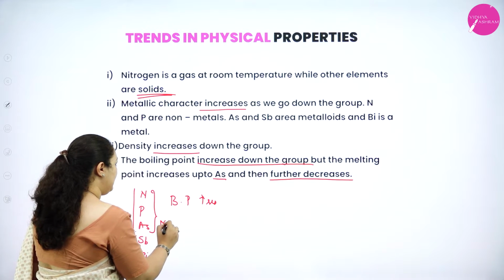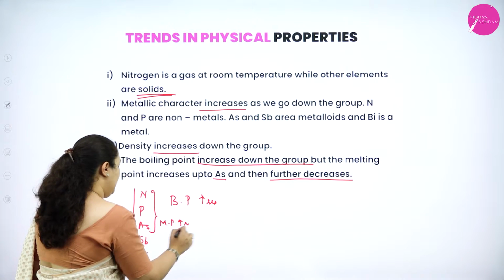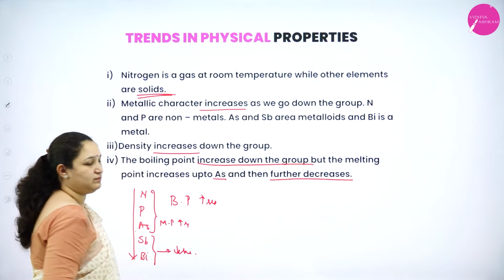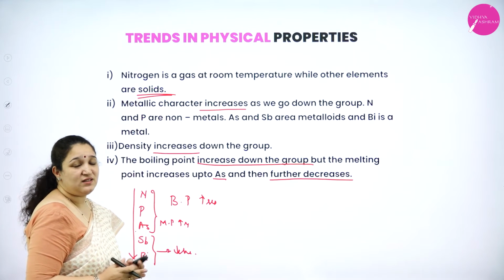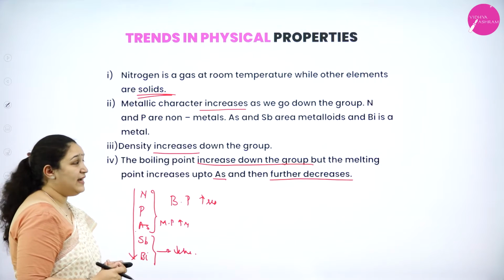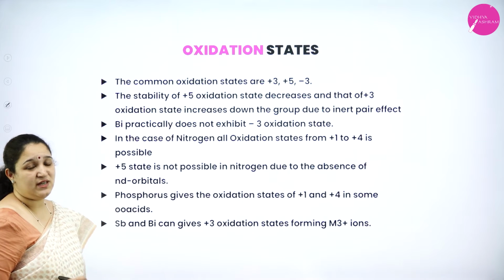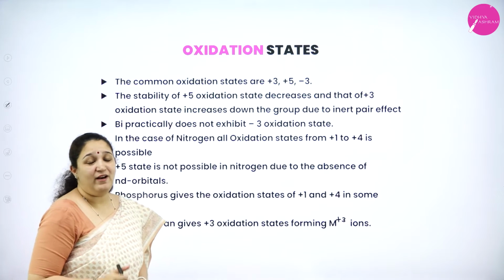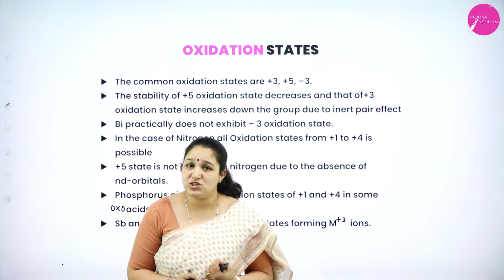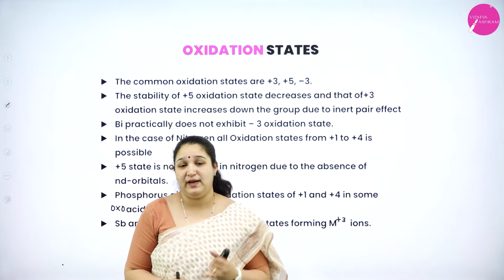Up to arsenic, melting point will increase, but after that melting point is decreasing. Okay. So, these are the trends in physical properties which we observe. Next, we are studying about the oxidation state. Now, what is the common oxidation state of this particular group?